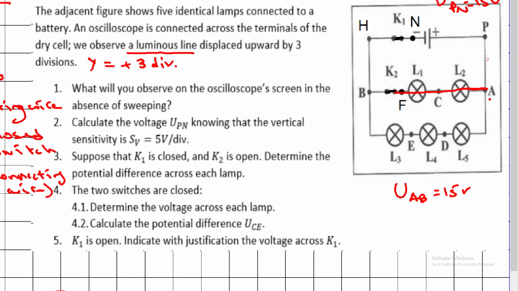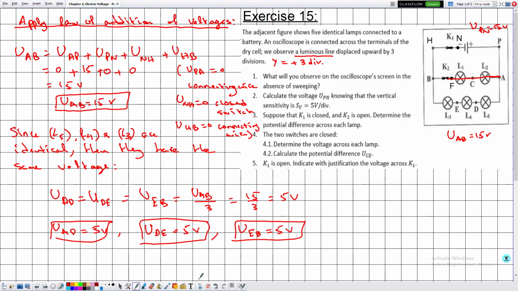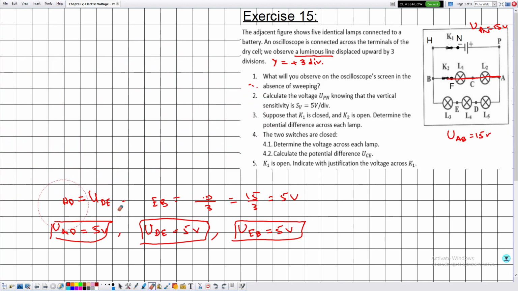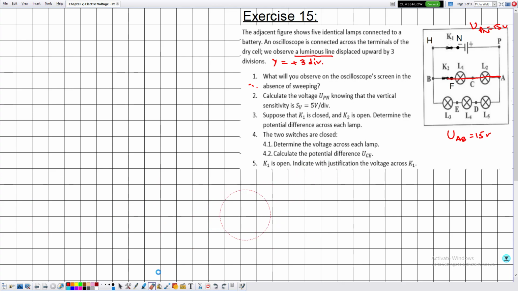So here nothing changed between the points A and B, but we will repeat the same exact calculation just to show that nothing will change. So we are in part 4.1. So we can calculate again UAB.